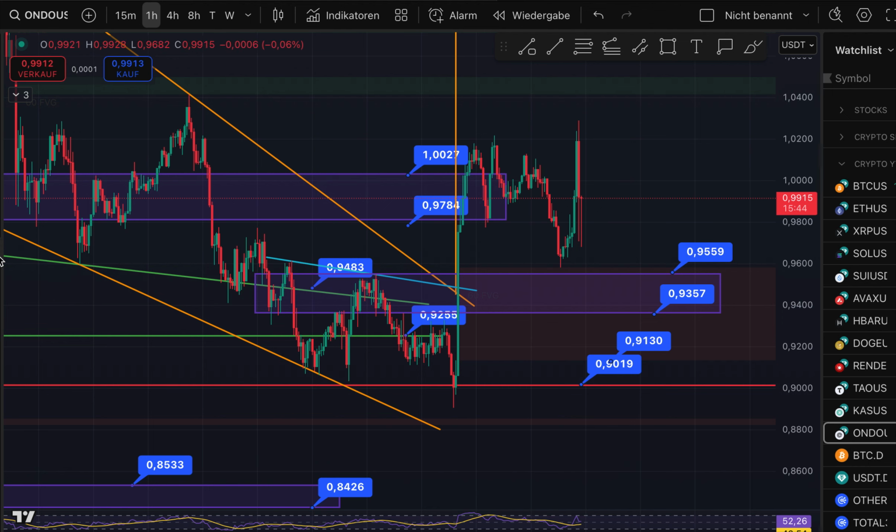I would even say that for some coins, and I'm not talking about the futures area, I'm talking about the spot area, it actually looks good if we get lower prices again into the fair value gap.